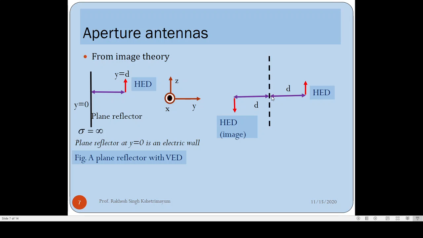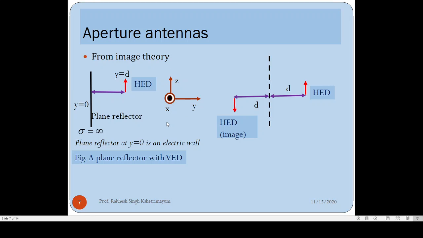This distance and this distance are the same. So this is the equivalent problem from the method of images. From this equivalent problem, I can find the radiation pattern of the original problem, where I have a horizontal electric dipole with a flat plate reflector. I want the radiation pattern in this right half space.